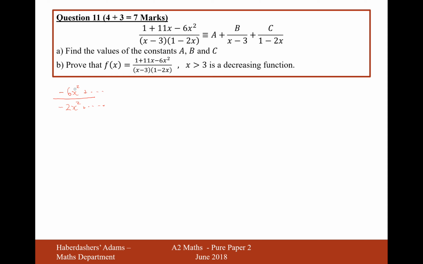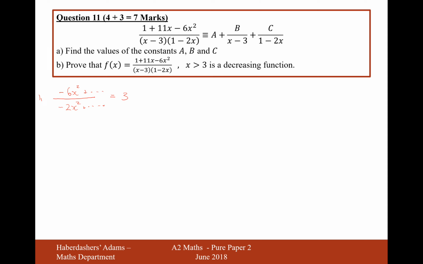And then if you think about it, as x tends towards infinity, no matter what constant term or what x term you've got, it's these two, one on the top, one on the bottom, that's going to end up being the largest value of the top and the bottom. So effectively what you're going to have then is minus 6 divided by minus 2, which is just 3.